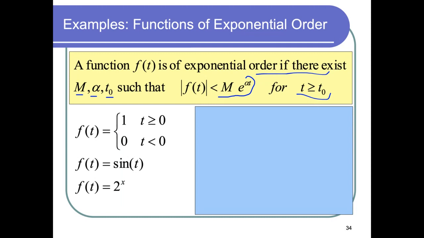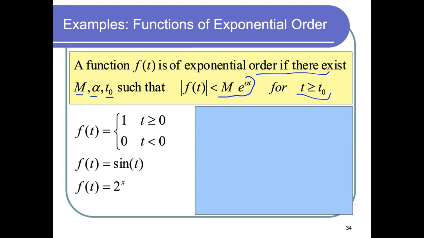But if you can show that they do not exist, you can prove it mathematically, then it's not of exponential order, which means we cannot guarantee the existence of the Laplace transform. But it does not mean it does not exist. It only means that we cannot guarantee it. So you can try and see and find other ways to show it.